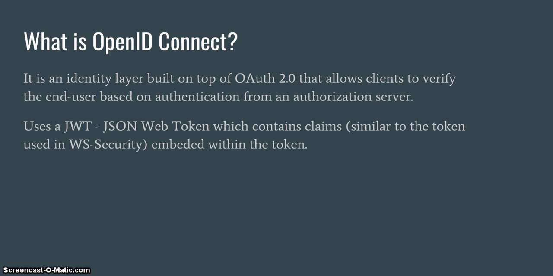So JWT stands for JSON Web Token, and it is similar to SAML and the WS-Security Username Token. The difference is that it's JSON and it's much more compact, but it also includes claims, so authorization claims about the end user.